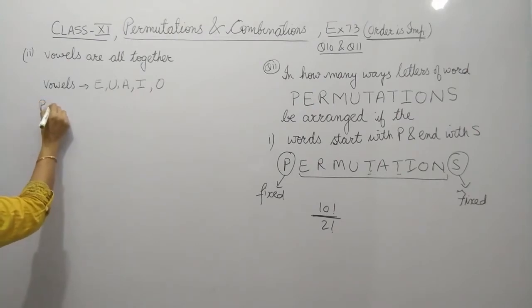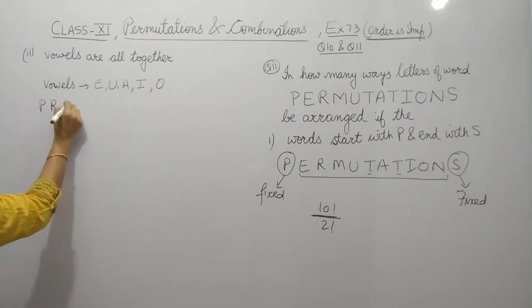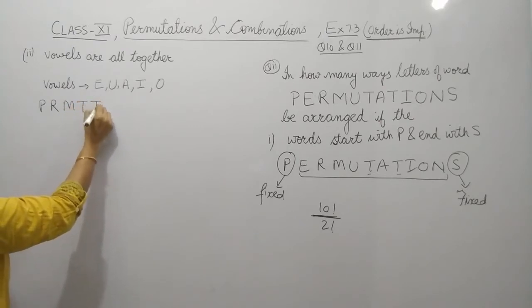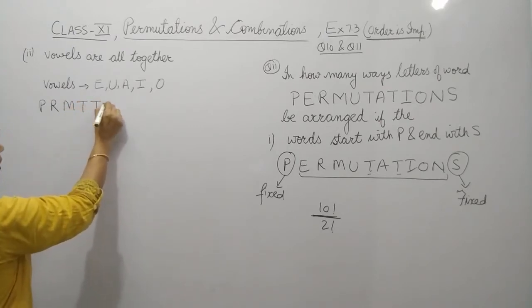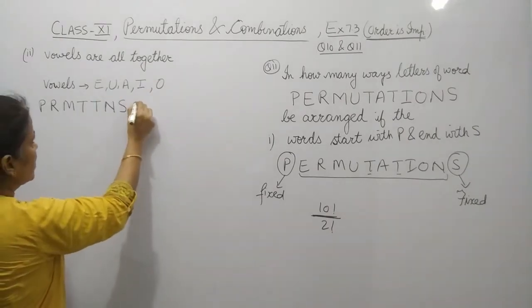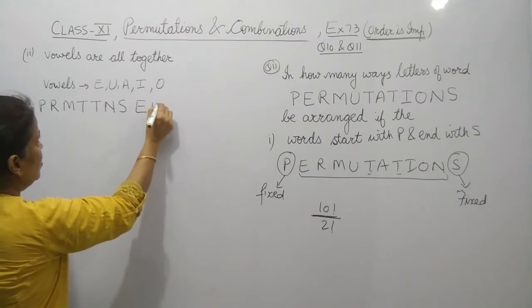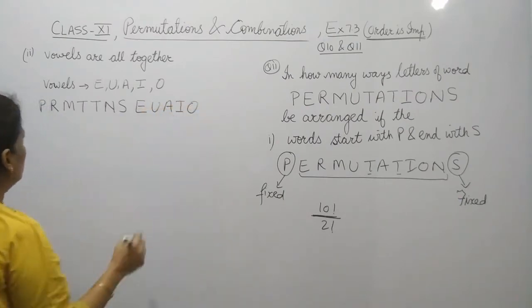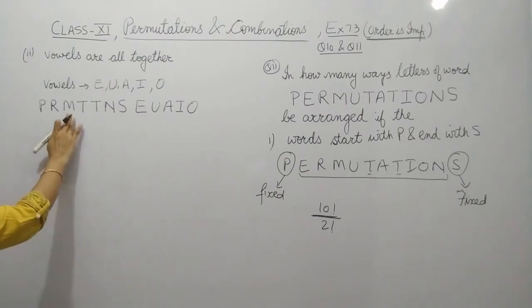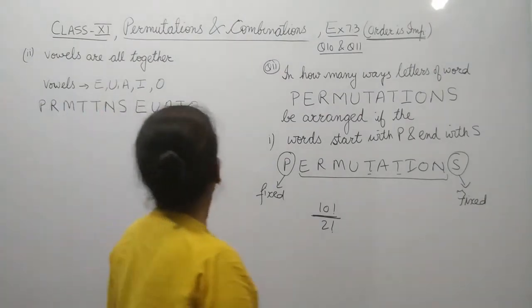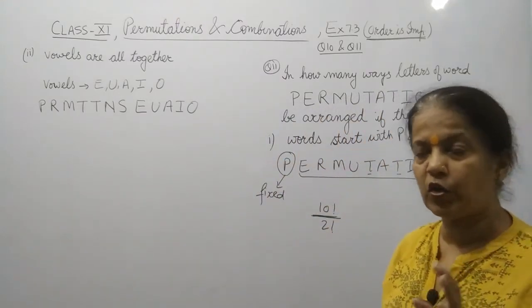P, R, M, T, again T, then N, S, and the vowels together: E, U, A, I, O. These we will take together. So vowels are together.